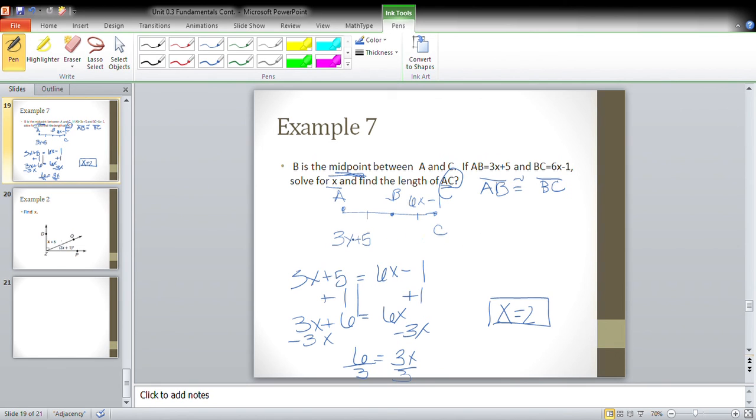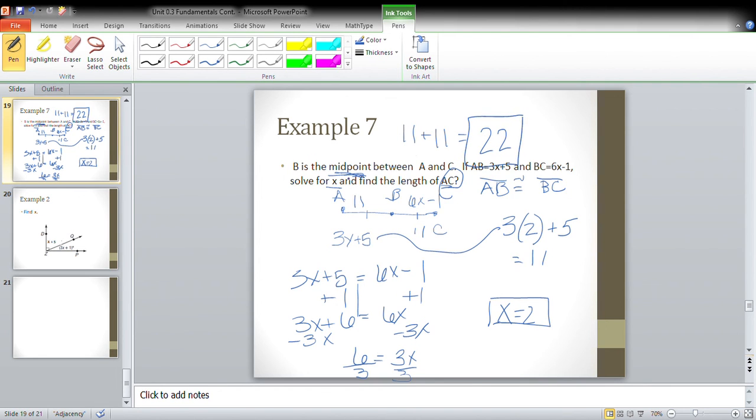It won't matter because they're equal, so I'm going to plug it into 3x plus 5, giving me 11. And so if 11 is this one, that means 11 is this one as well. So 11 plus 11 is equal to 22 total units. So midpoint means equal. Between, we don't know, but midpoint is definitely equal.